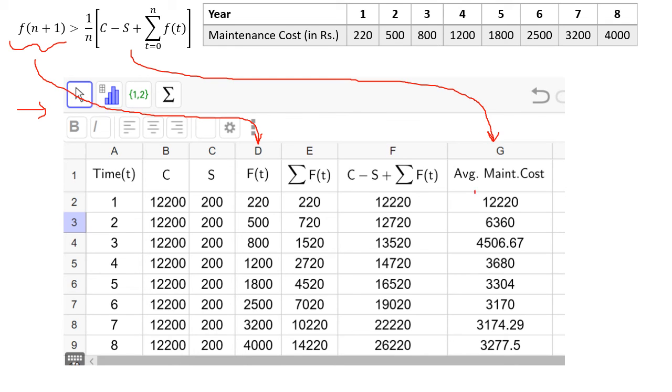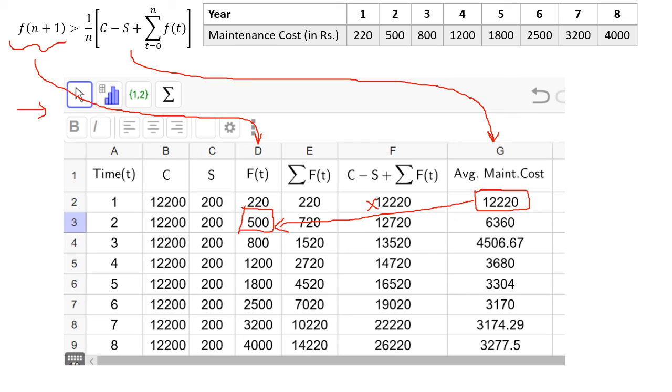So 12,220 is the average annual maintenance cost at the end of first year, and then we should compare this with the maintenance cost in the next year, n plus 1, f of n plus 1 is 500, so f of 2 is 500. Then we ask question whether 500 is greater than or equal to 12,220. No, and hence the inequality is not true for n equals 1.